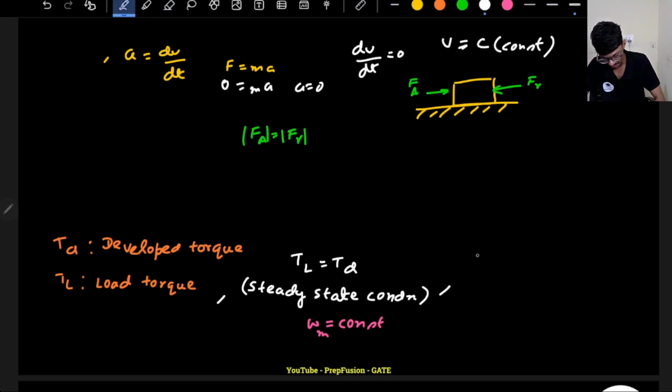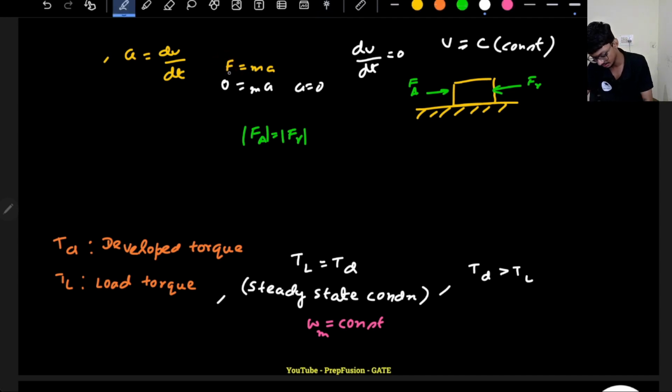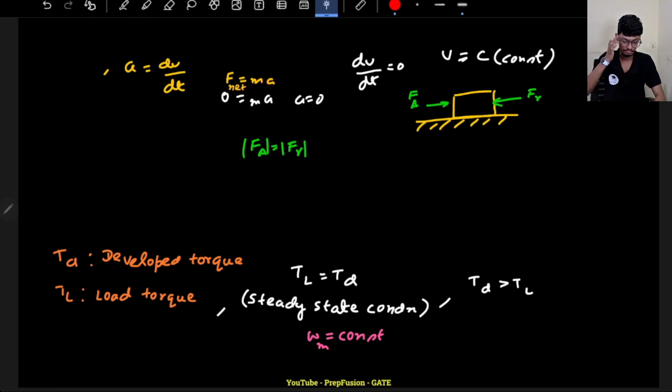Now if it is the other way around, if the developed torque is greater than the load torque, that means there is one restoring force here, but the applied force is higher, what will happen? This block will accelerate, because now the net force is not 0 anymore. This is F net, right? Now the force is not 0 anymore, hence the block will simply accelerate.